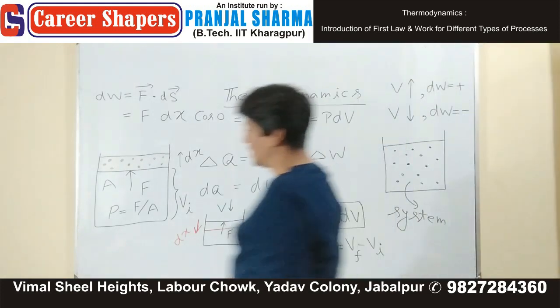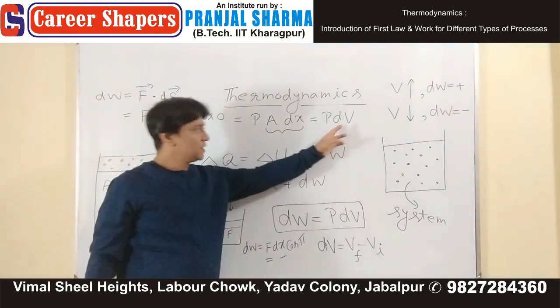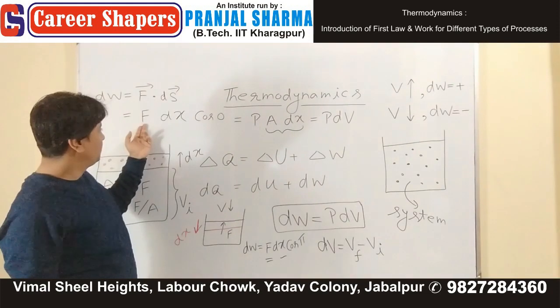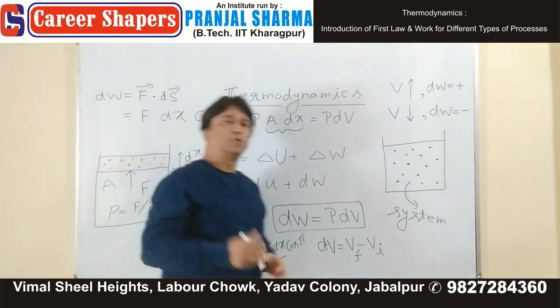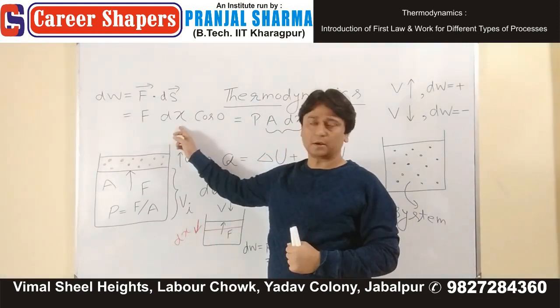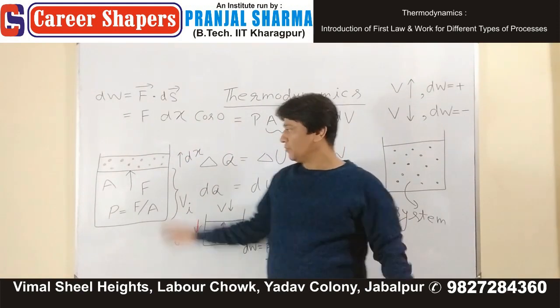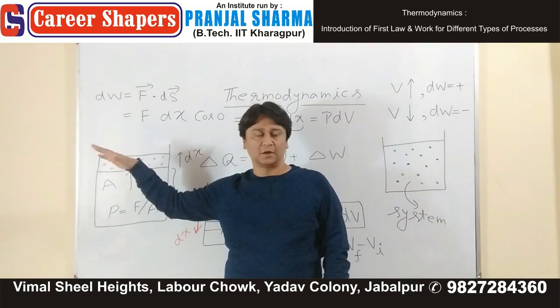Well, one of you is asking that at one place it is p dv and the other place it is f dx. They both are same. F dx, that's all you are taught. Work in work energy, force multiplied by displacement, and cos of angle between force and displacement. For gases, we are not interested in the movement of piston.